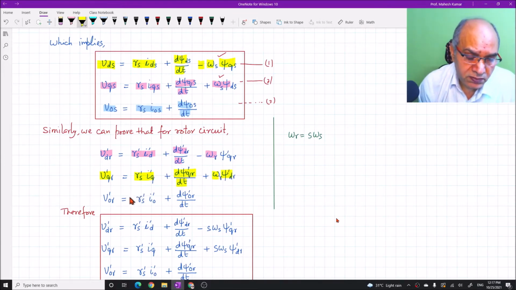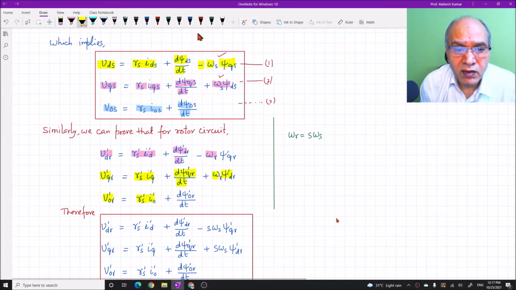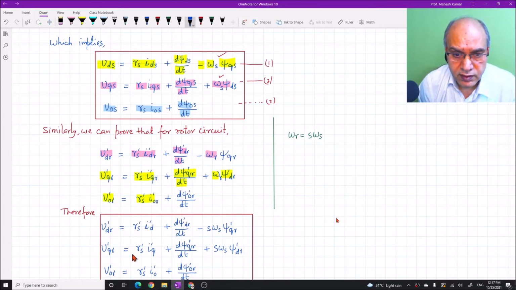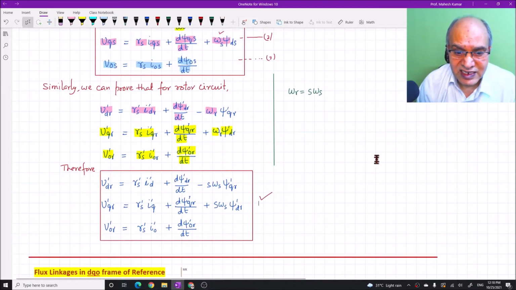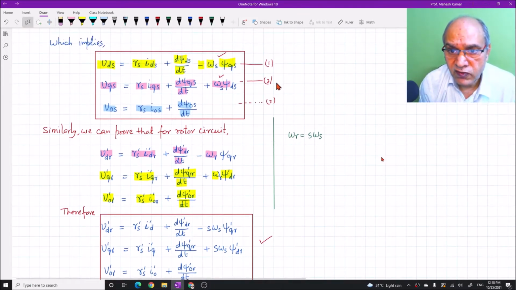And the third equation for the rotor is V0r dash equals Rr dash i0r dash, plus the next term, d psi 0r dash by dt. These are another three equations for the rotor side circuit voltages. So these are rotor voltages and these are stator voltages in the dq reference frame.